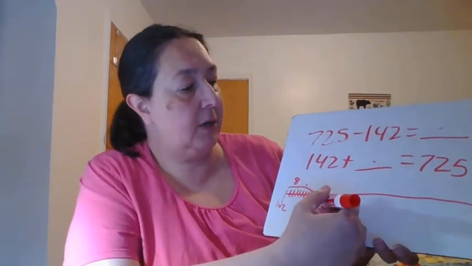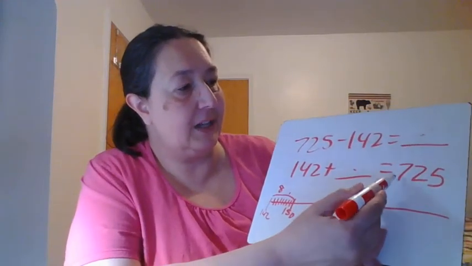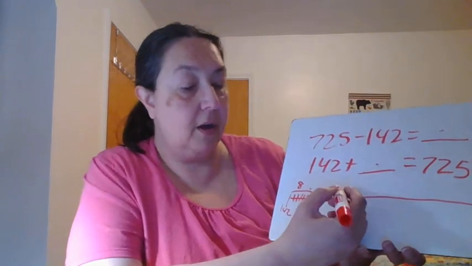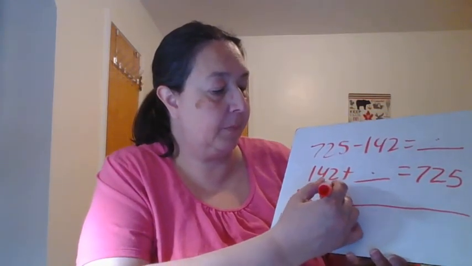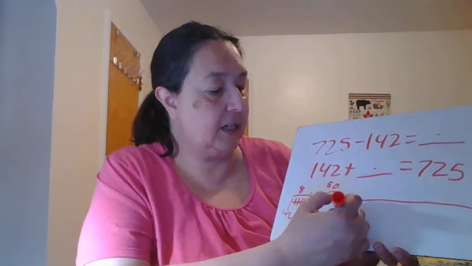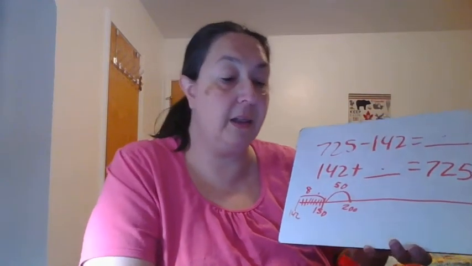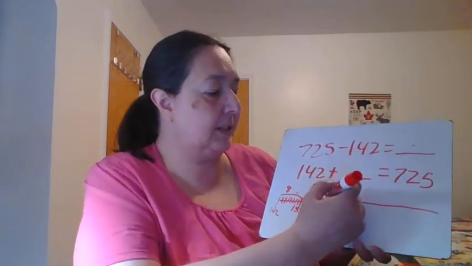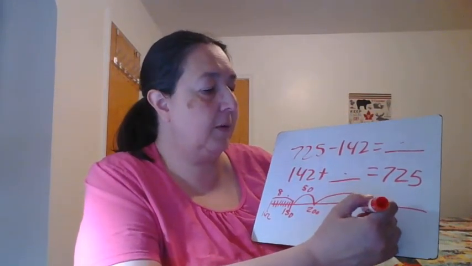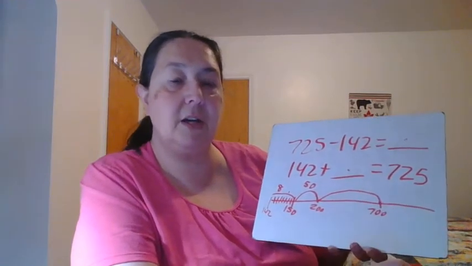Now, if I start with 150, I'm trying to get to 725. I'm going to do another jump. If I do 50, then that takes me to 200. I like round, even numbers. Now I can jump all the way to 700. How many is that going to take to get to 700?